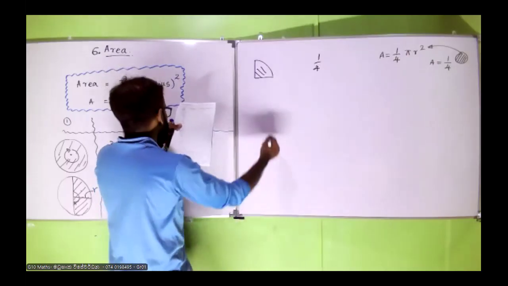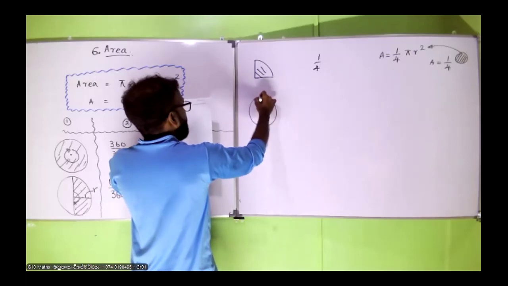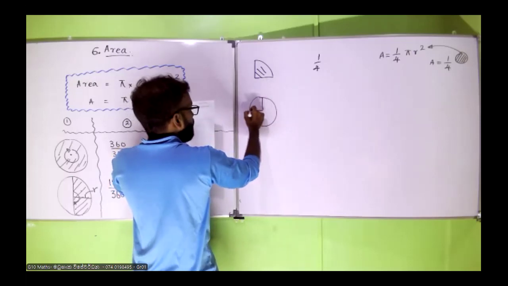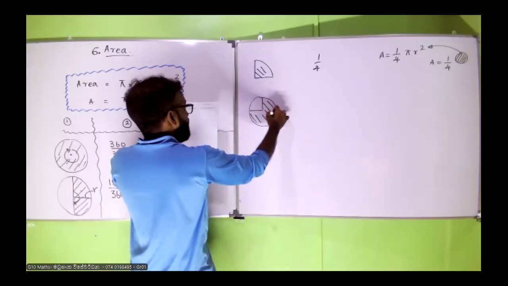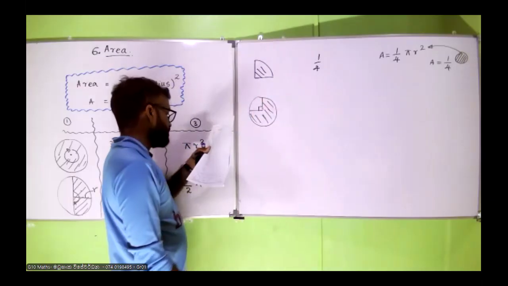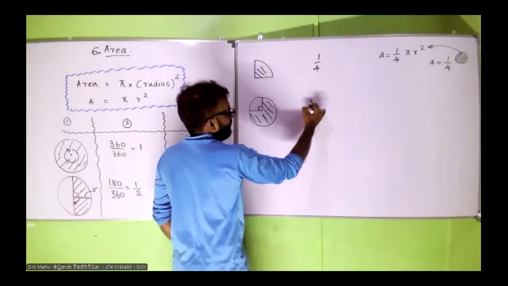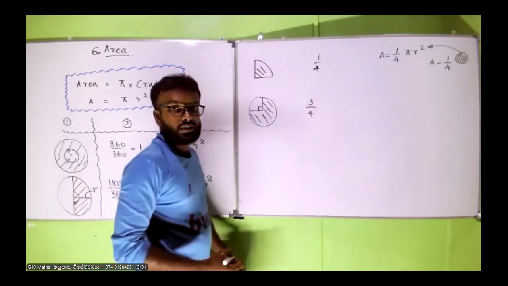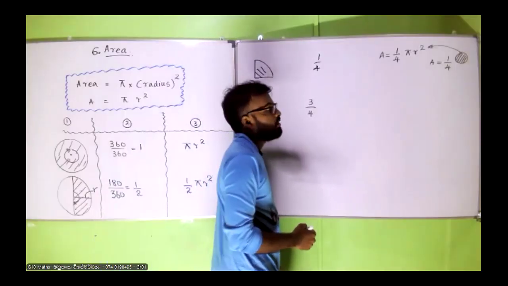Right. Then you will be having something like this. The shaded part is this. So you know this, I have given 90 degrees. And this is 3/4 of a full circle, the shaded part. So how to calculate that?